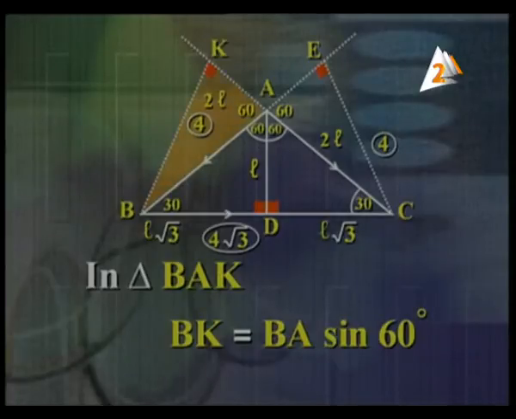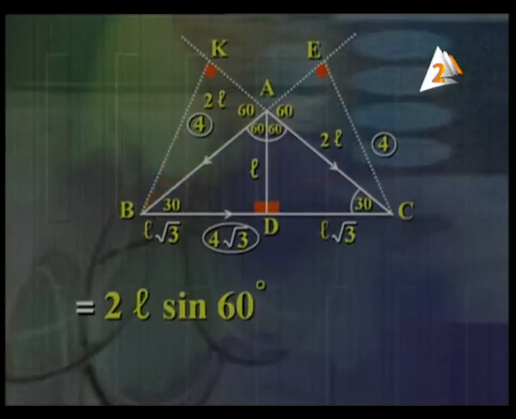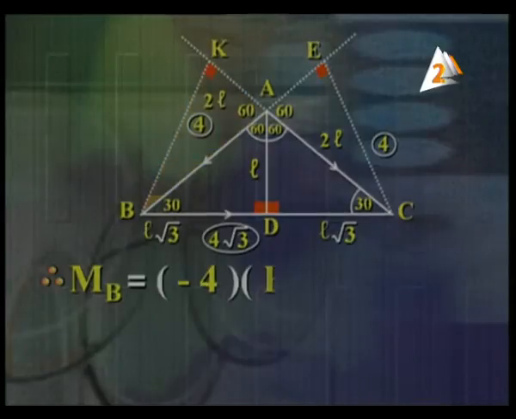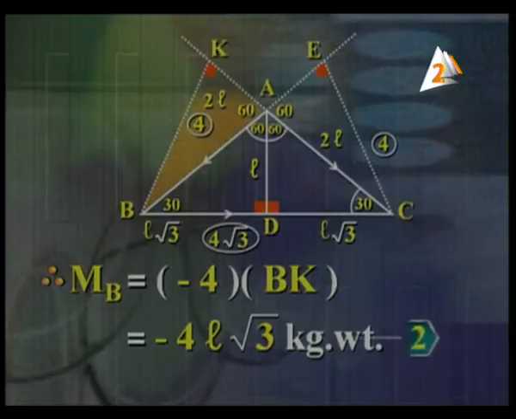Now, the moment about B, we say that minus 4 times BK, which equals minus 4L root 3 kilogram weight, as number 2. Now, MC, the moment about point C, equals 4 times CE equals 4 times L root 3, equals 4 root 3 L kilogram weight.